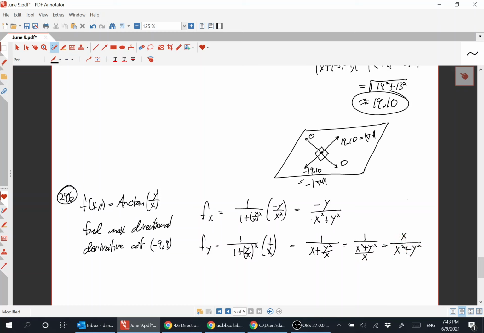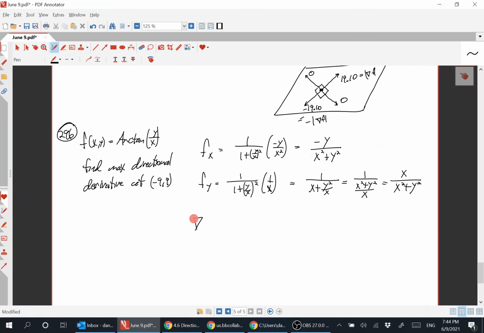And I am really surprised that that came out so similar to the other one. That is shocking. Yeah, that's right.